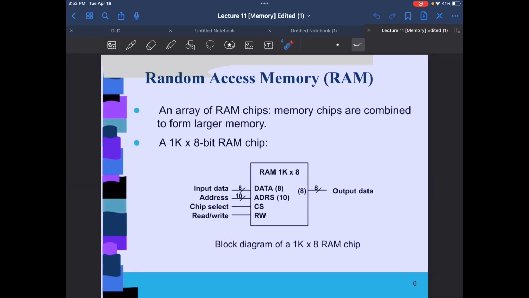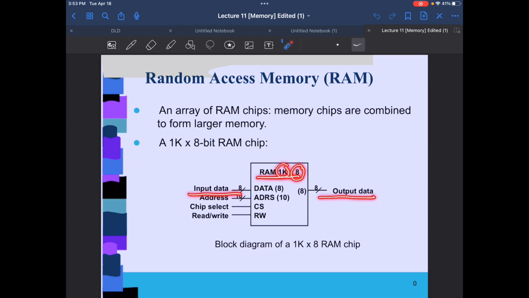A block diagram of a 1K by 8-bit RAM chip. 1K means 1024, and 8 means 8 bits per word. If we want to draw a block diagram of 1K by 8 bits, it means we have 8 bits input and 8 bits output, which are the input data and output data.